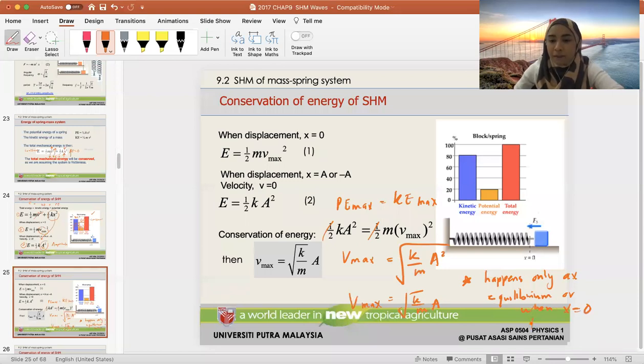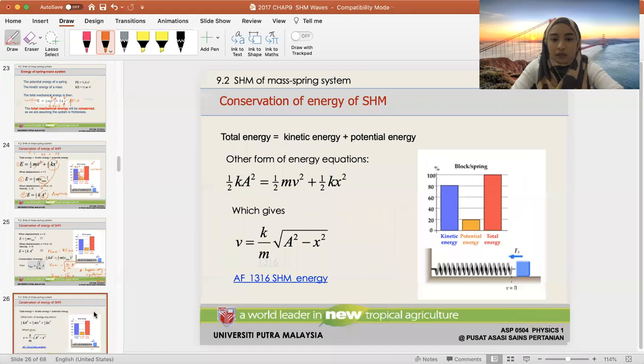Because this is when PE is equal to 0, which means KE must be maximum. Okay, so we have another form of the equation. That's okay, right?